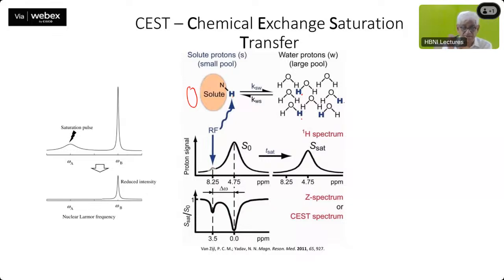Now, if you have two signals, let us say one signal here and another there, and you saturate one place, and this is exchanging with this position, this saturation will get transferred to this, and the intensity of this will go down. Saturation meaning the intensity goes down, right?